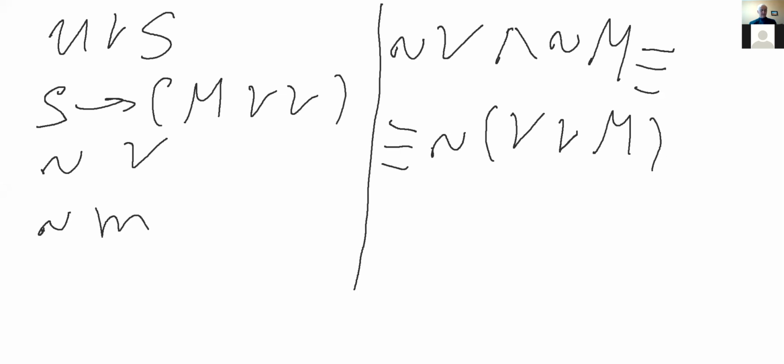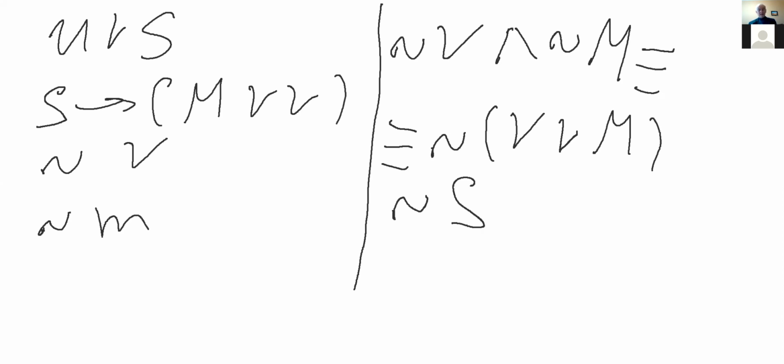Now we know that S implies M or V, but we know that not (M or V) is true. What does it mean? S is false, like there is no syntax error. Absolutely, very good. So not S is true.